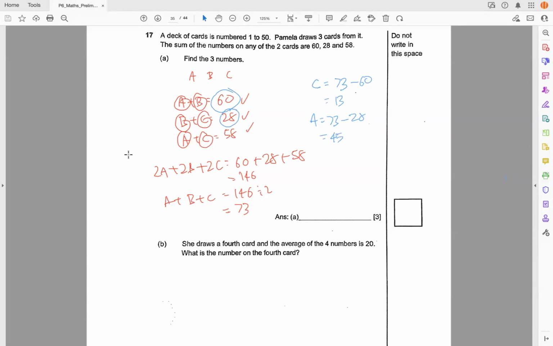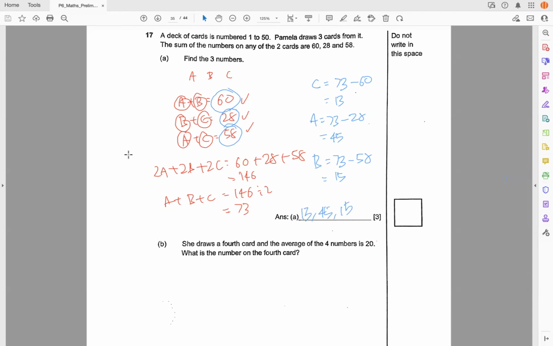If I want to find B, I minus away A and C, 73 minus 58, I get 15. So it's 13, 45, 15. That's all. 3 marks.